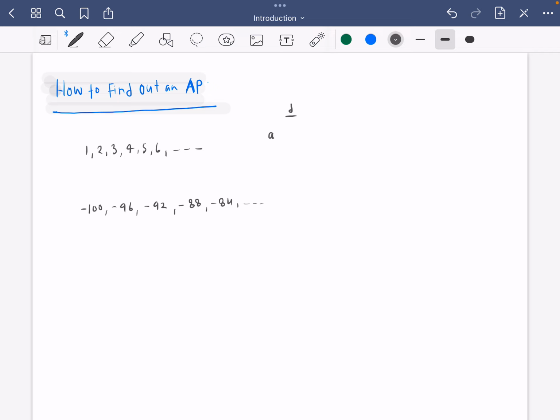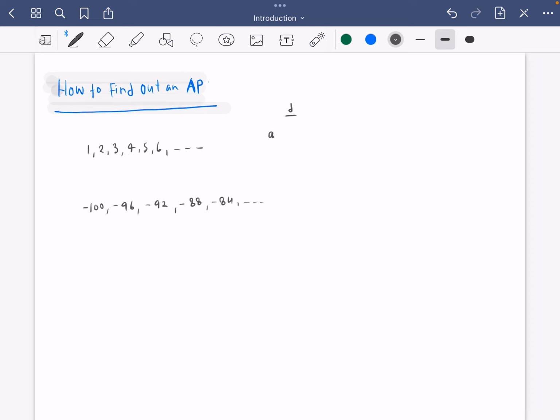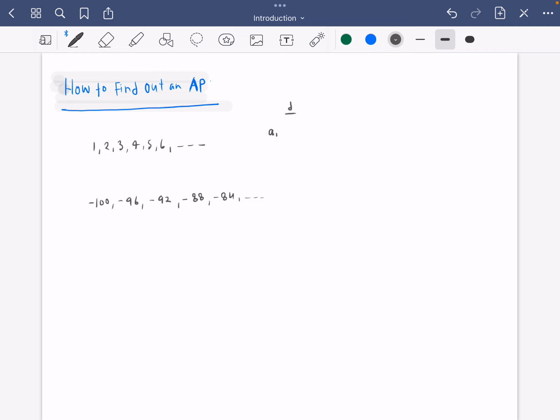In a moment I'm going to explain the terminology that we use in AP, but before that just stick with me. We're going to denote the first term by A1, the second term by A2, A3 the third term, A4 the fourth term, and so on.